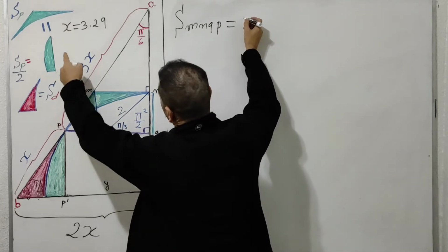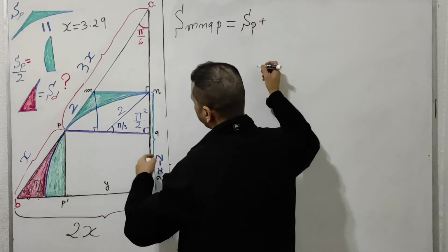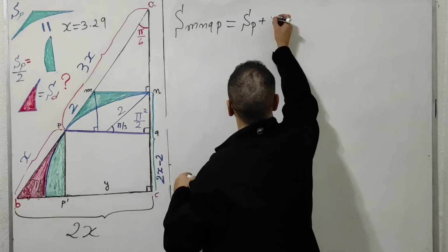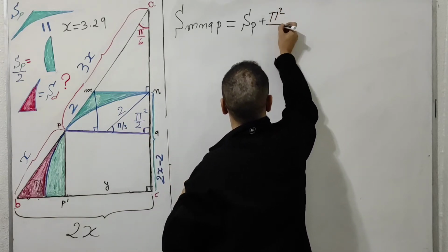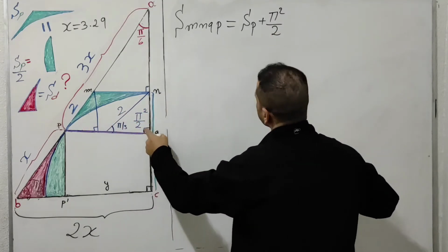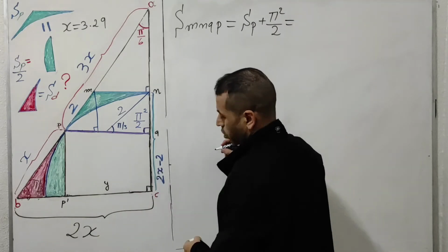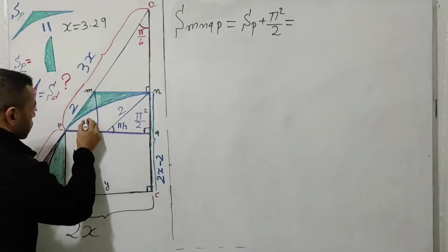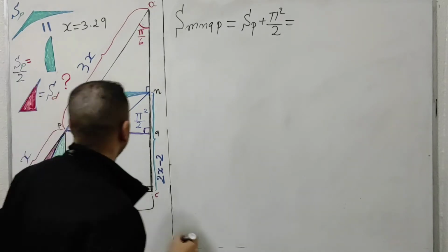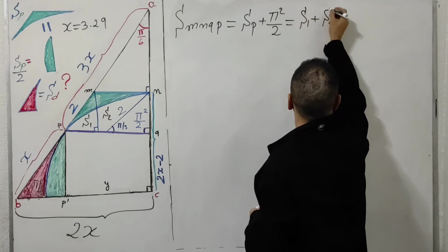We already mentioned that SP, plus pi r squared over 2, which is this sector of this circle, equal to this area. Let's call this area S1 and this one S2. That means S1 plus S2.